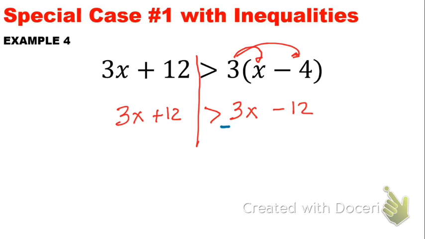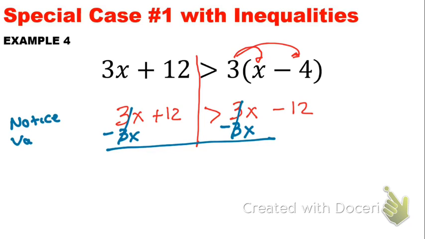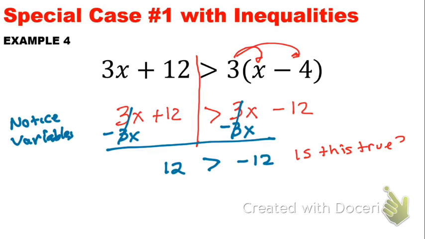So our next step is to cancel our variables. Again, notice the variables. So 12 greater than negative 12. And you will be asking yourself the same question. Is this true? Is 12 greater than negative 12, this is the symbol for greater than?